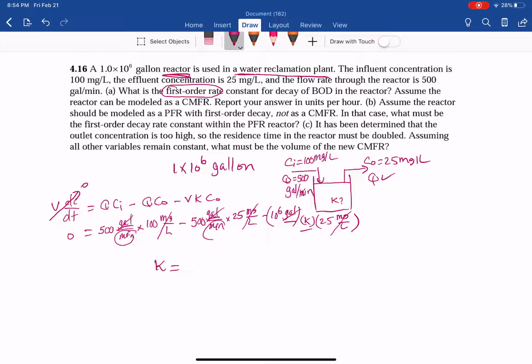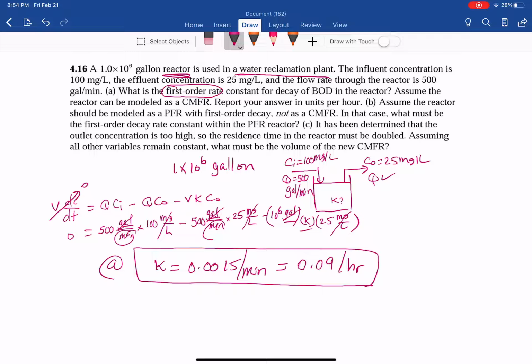That's going to be a very small 0.0015 per minute. You could convert this to per hour by multiplying by 60, and that will give you 0.09 per hour. So this is K for the first part of the question.